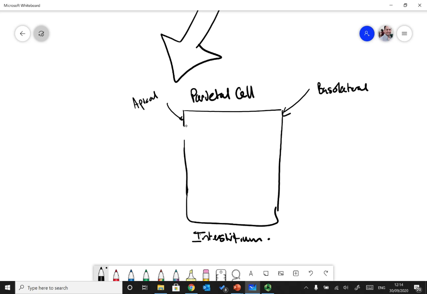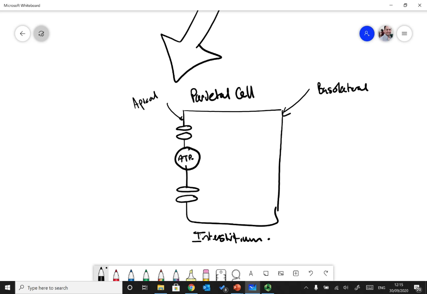So what have we got in the apical cell membrane? We have got a leakage channel for potassium, a proton pump that requires ATP, and we've also got a leakage channel for chloride ions.